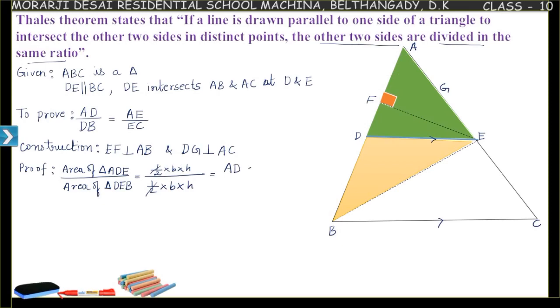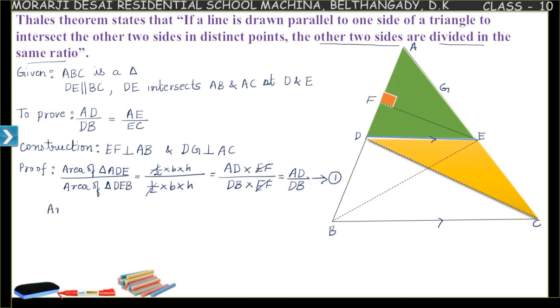AD is the base and height is EF. So AD into EF divided by, for triangle DBE, DB is the base and height is EF. It is outside the triangle DBE because triangle DBE is an obtuse angle triangle. Now EF cancels. Now remaining AD by DB. Take it as equation 1.